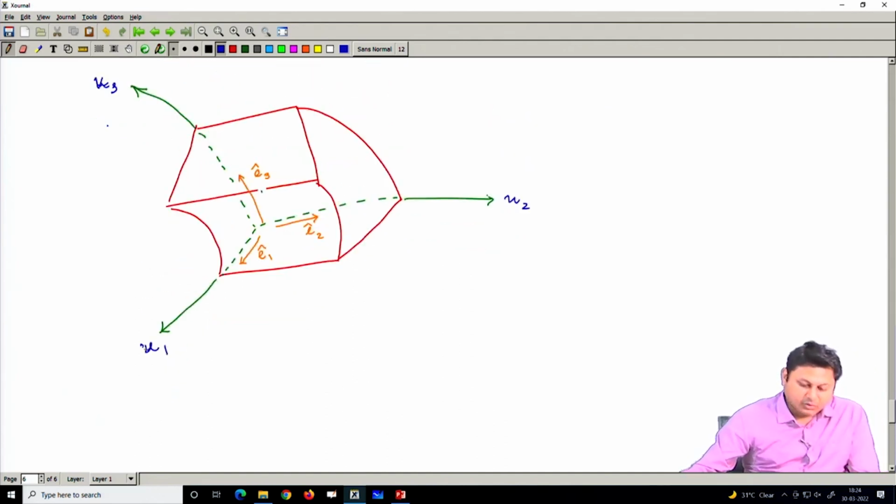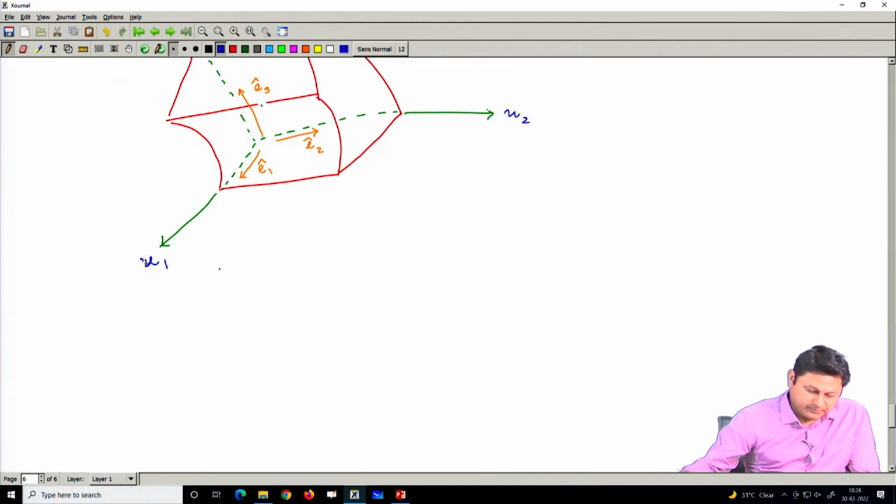Okay. So, what is the surface element that we can find?